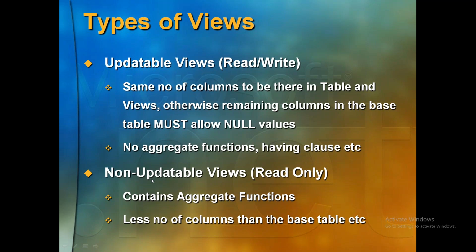The second one is called a non-updatable view, a read-only view. Updatable views mean the same number of columns are in the table and the view. Otherwise, the remaining columns in the base table must allow null values. No aggregations or HAVING clause etc. are allowed. A non-updatable view contains aggregate functions, fewer columns than the base tables, etc.